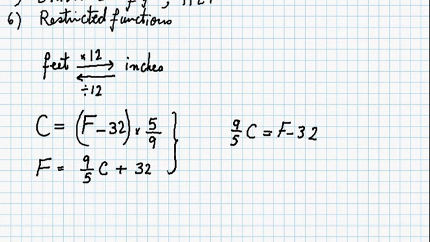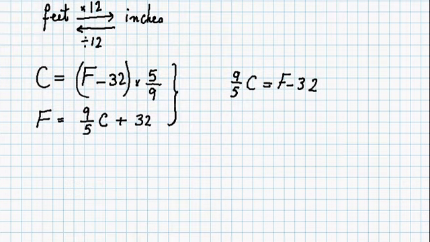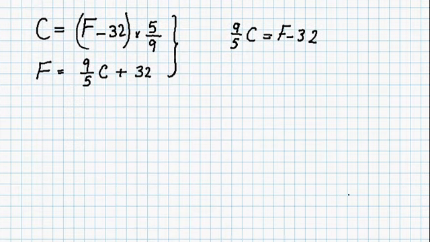If you look at these two relationships, they constitute a pair of inverse functions. You can go from F to C or you can go from C to F, and that will be an interesting example.